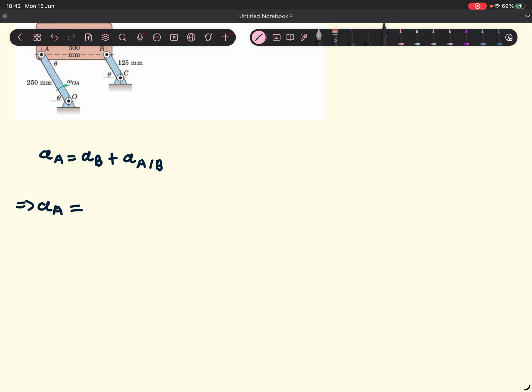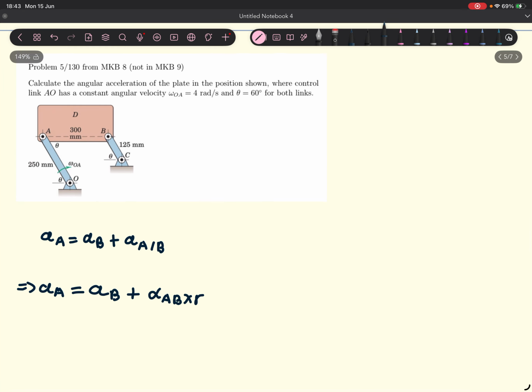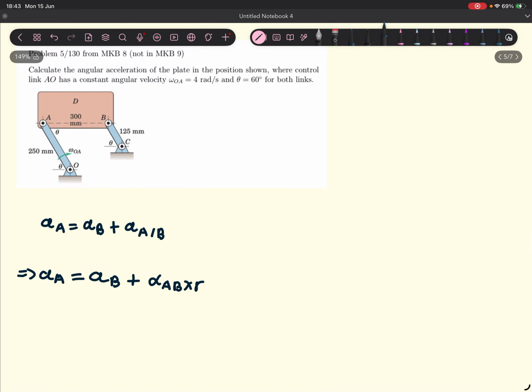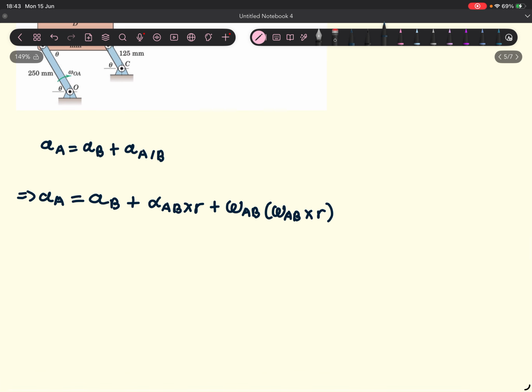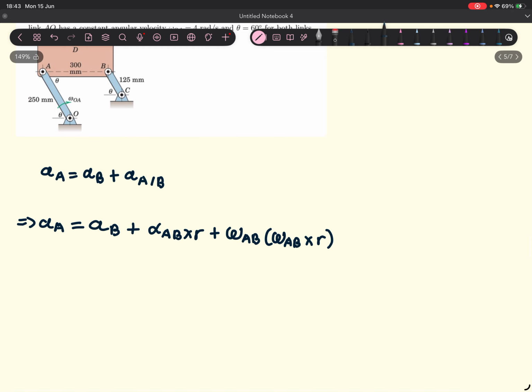Acceleration of A is equal to acceleration of B plus alpha AB cross with R, which is what we're looking for, we want the angular acceleration of the plate, and then plus omega AB into omega AB crossed with R. Right, and this R is our AB.